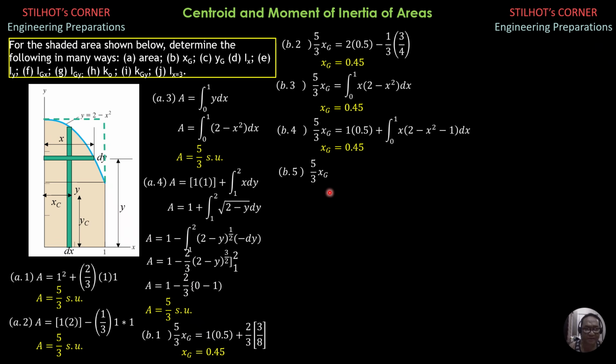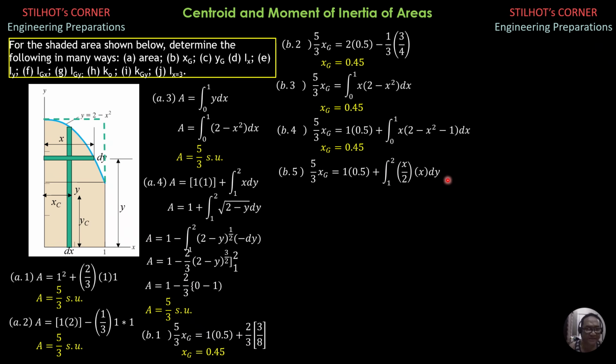Then last method, b.5, 5/3 xg equals area of square 1 times 0.5 plus, this time considering a horizontal strip, the location of the centroid of the strip is at the center of this horizontal strip. The length of the strip is x, so half of that is the location of the centroid, x over 2. The differential area of this horizontal strip is x length times thickness dy.